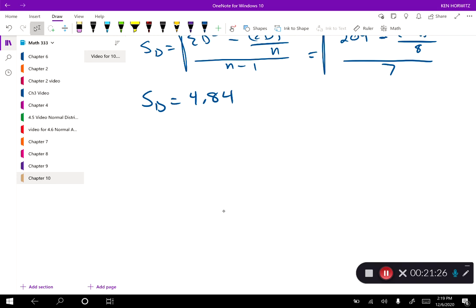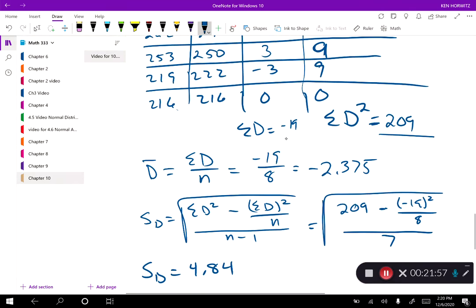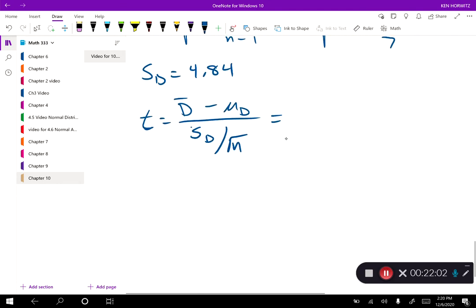So t equals my d bar, which we figured out, minus the average of the differences, divided by the standard deviation of the differences divided by the square root of my sample size. For d bar, we got negative 2.375.